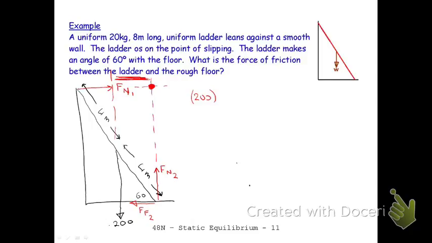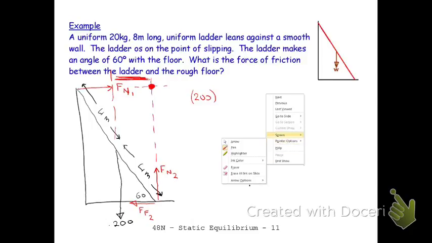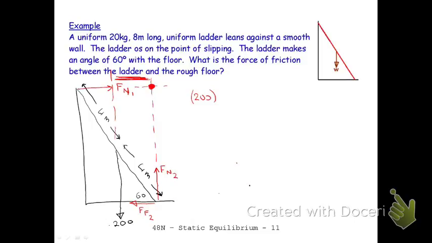I'm going to change the colour of pen so that this does not get confusing. So let's go to ink colour, and let's go to a blue that you can see. This purple will do. So that perpendicular distance there is the same as that perpendicular distance there. And that distance there is going to be 4 cosine 60.